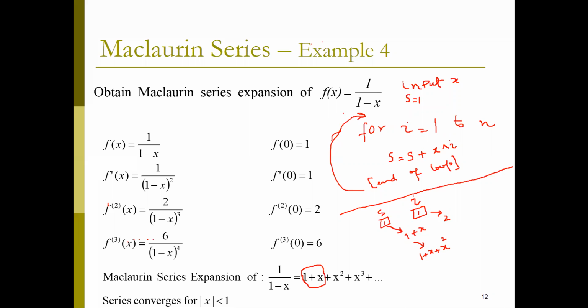And then the value of I will be 3. One more term will be added here, and that term will be x cube, because the value of I is 3. If I add x cube to the value of s, the previous value of s is what?